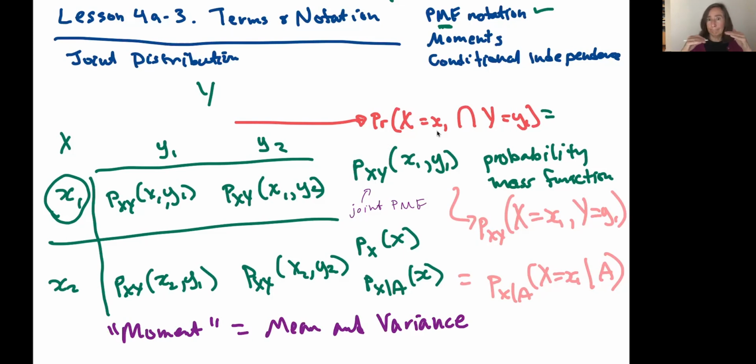If we want to be super precise about it, the moments are the expected values of x minus its expected value raised to successively higher powers. So variance would be the second moment. There are higher moments.